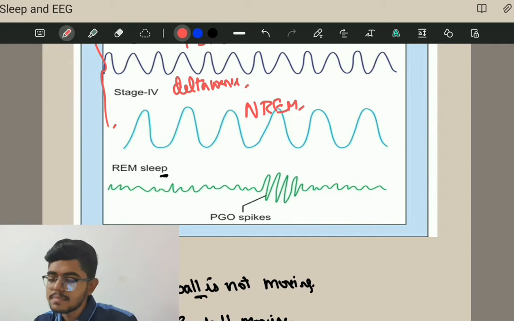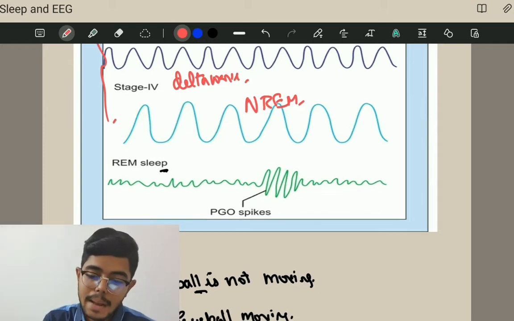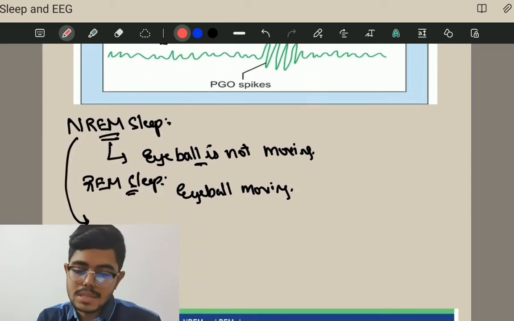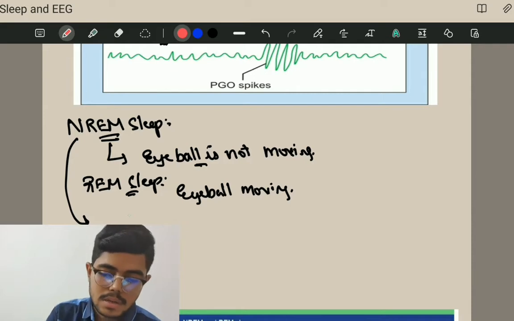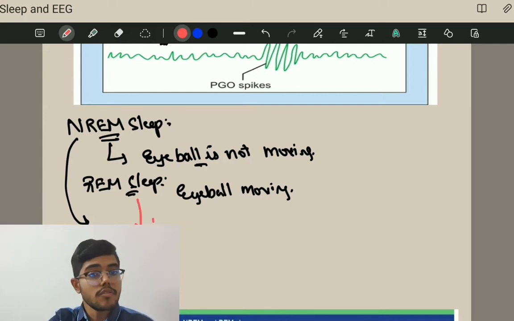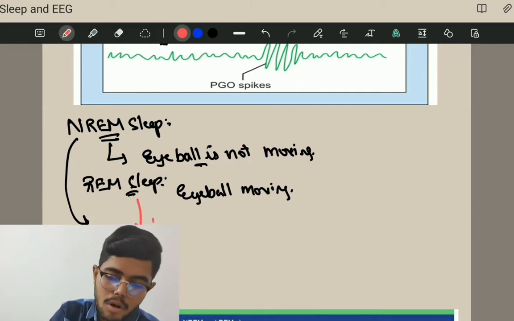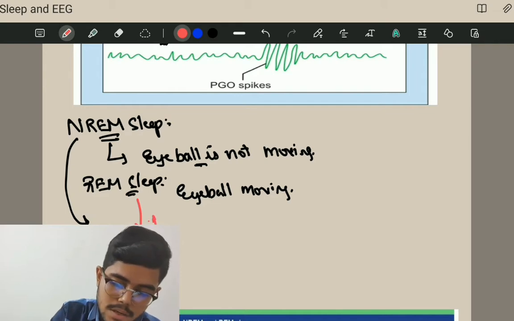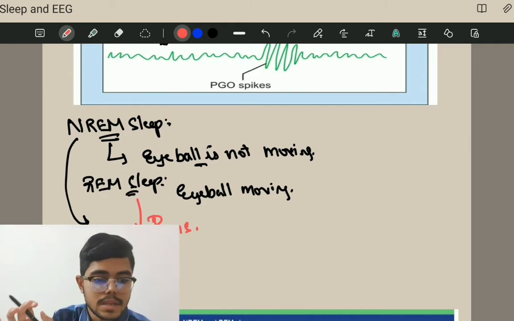Next we'll be moving on to REM sleep. REM sleep means rapid eye movement, as I told you. In this rapid eye movement, the impulses originate from the pons.